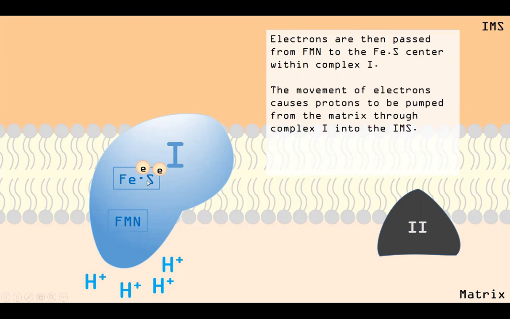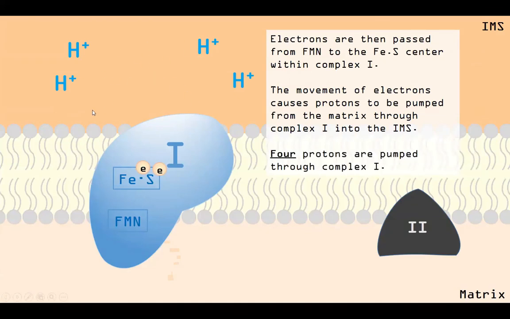The movement of the electrons through this complex causes protons that are lurking in the matrix to be pumped from the matrix into the intermembrane space. This will be how we're building that concentration gradient. For every 2 electrons from NADH that pass through this complex, 4 protons will be pumped.